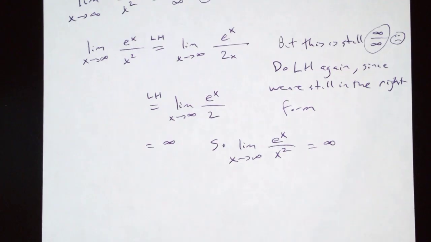If the top was only twice as big as the bottom, my result would be 2. If my top was only 4 times bigger, my result would be 4. In this case, it's a lot. It's infinitely larger than x squared.